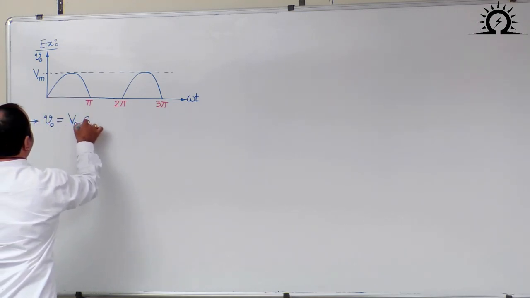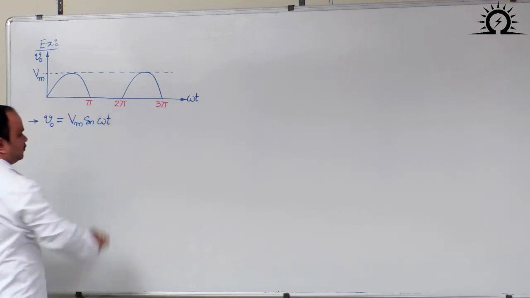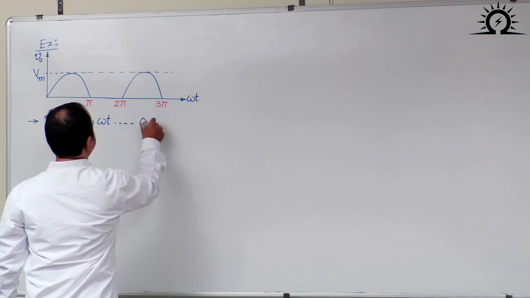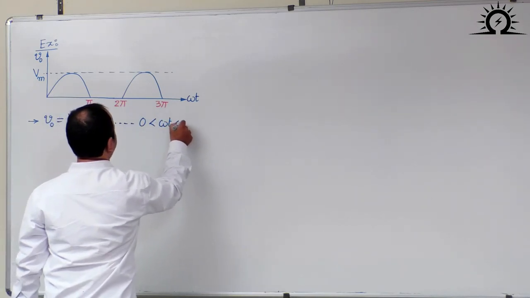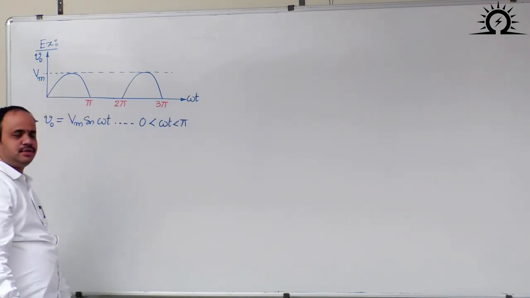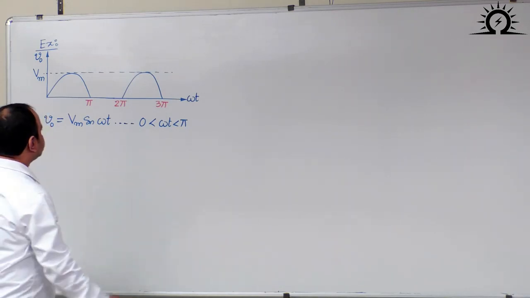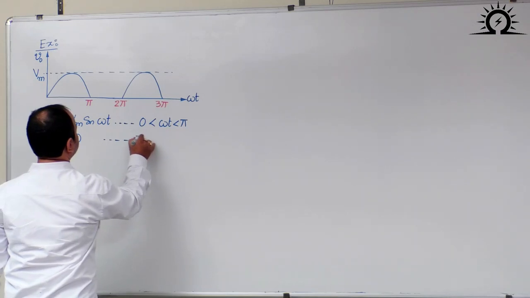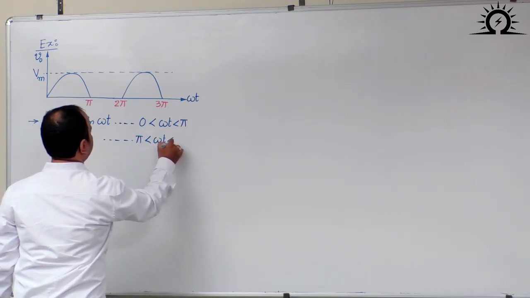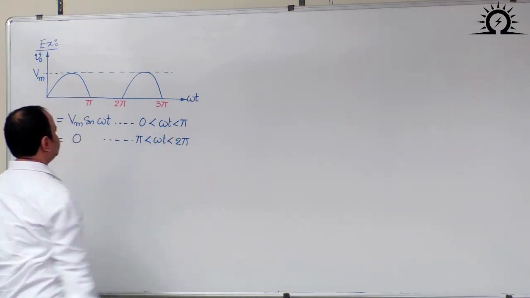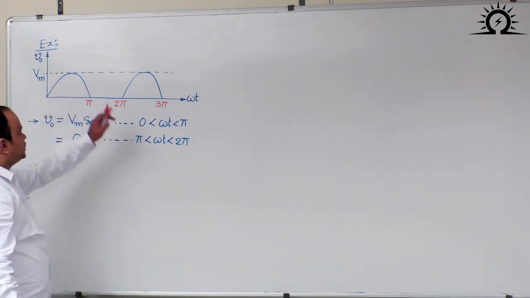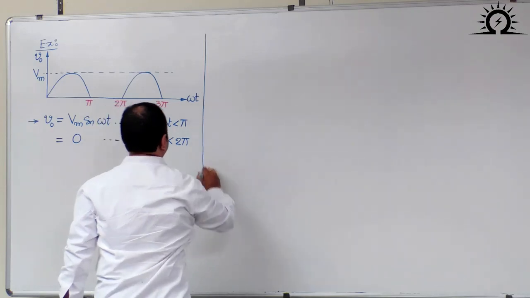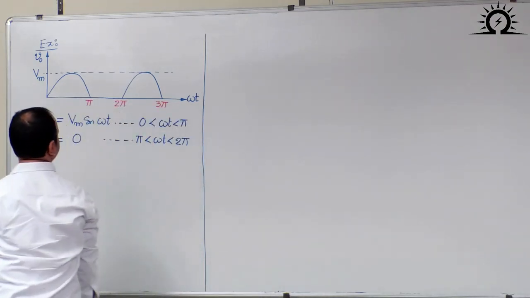V naught is equal to Vm sin omega t. This is the definition of the given function from 0 to pi, and pi to 2 pi, this function is 0.